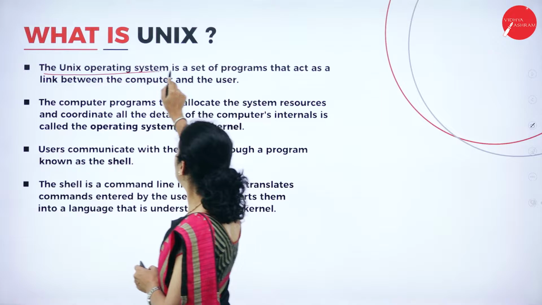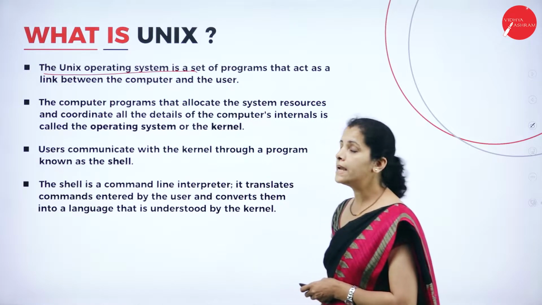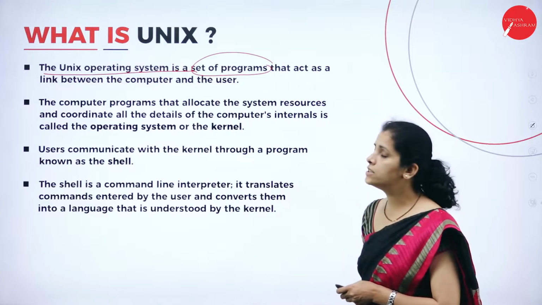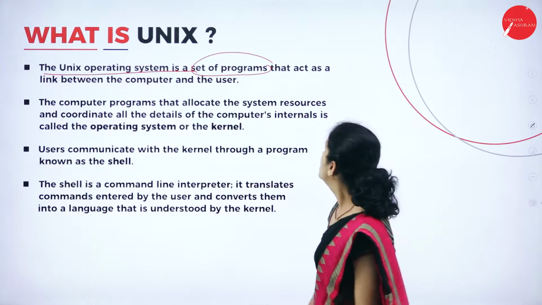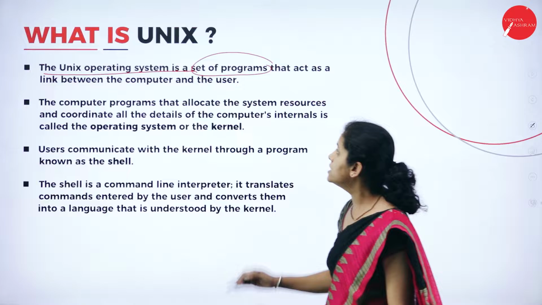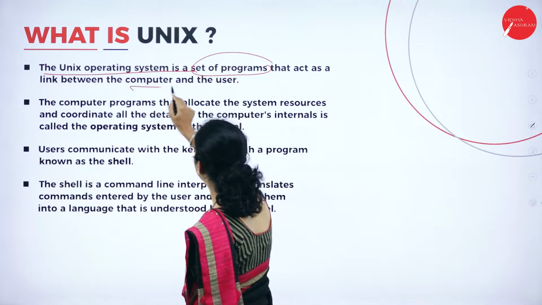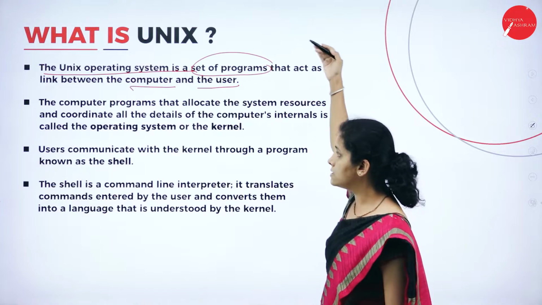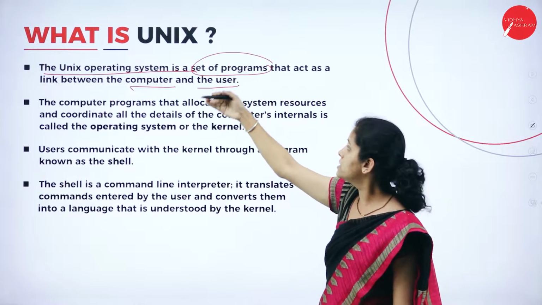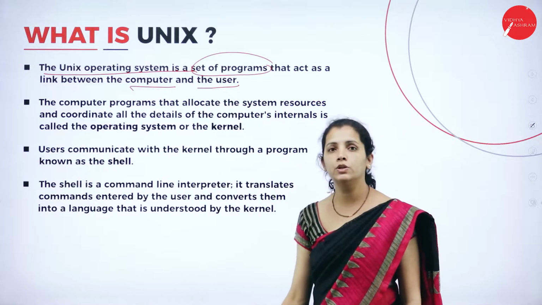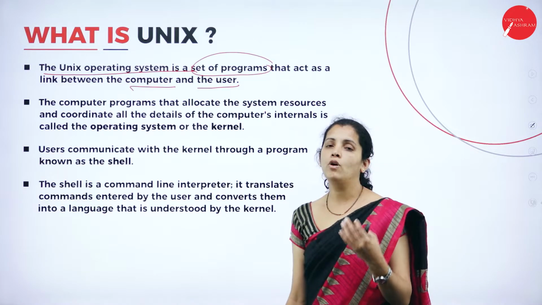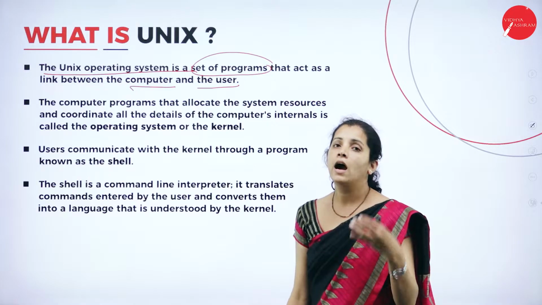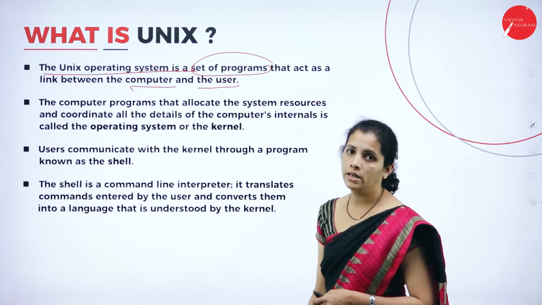So the Unix operating system is a set of programs or a set of instructions that acts as a link or interface between computer and the user. Suppose if I want to interact with the computer system, then I must have an operating system.